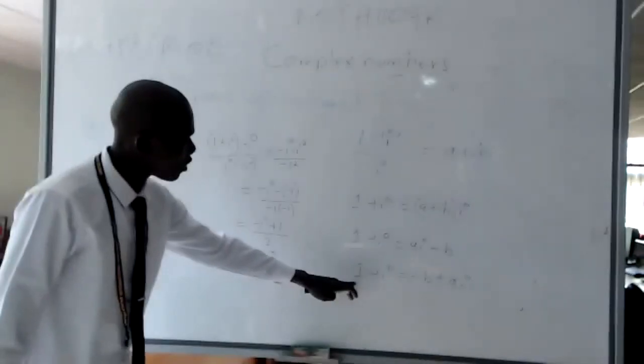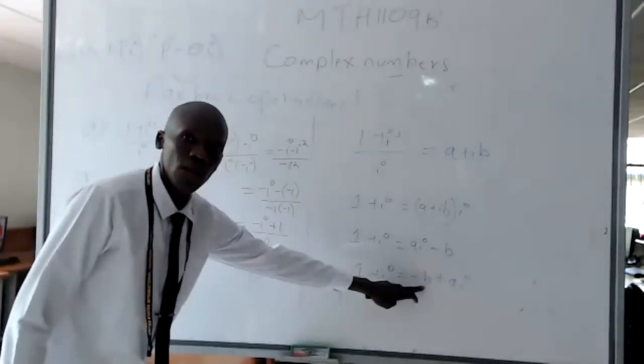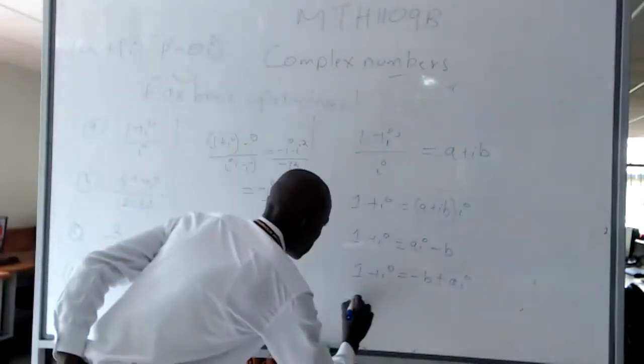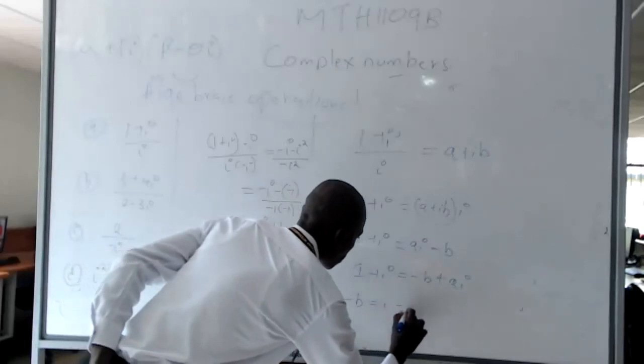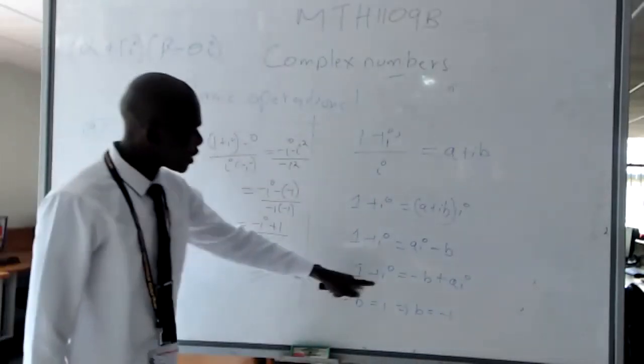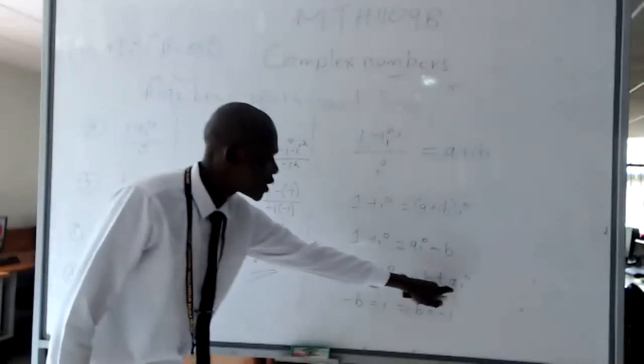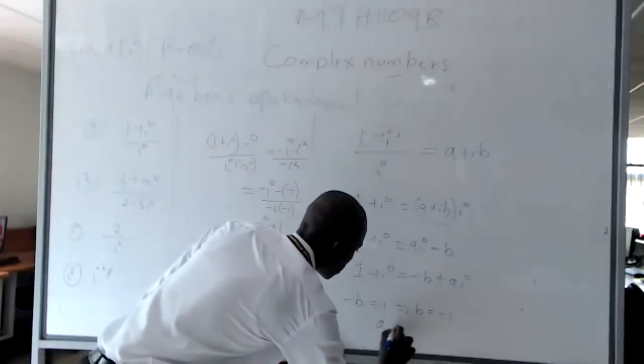The real part of this side is 1. The real part of this side is minus b. So minus b is 1, therefore b is -1. And the coefficient of i on this side is 1, and on this side it is a, so a is 1.